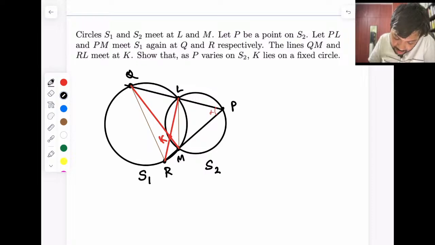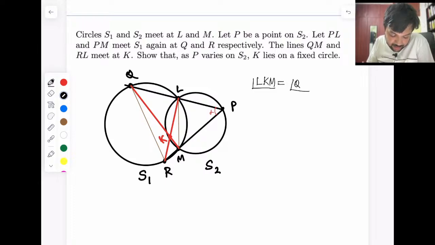So angle LKM. Okay, I don't know. I'm just trying. So angle LKM, by exterior angle is the sum of interior opposite angles. Angle LKM is angle KQL plus angle KLQ.